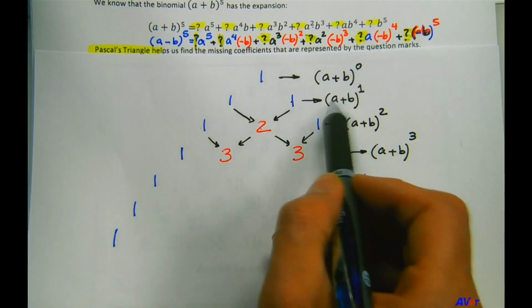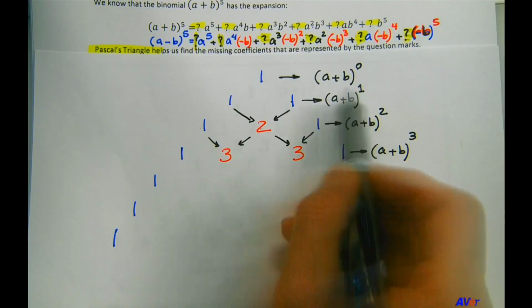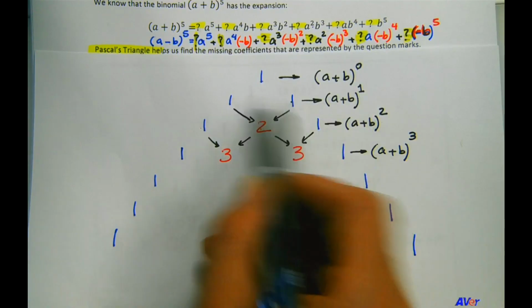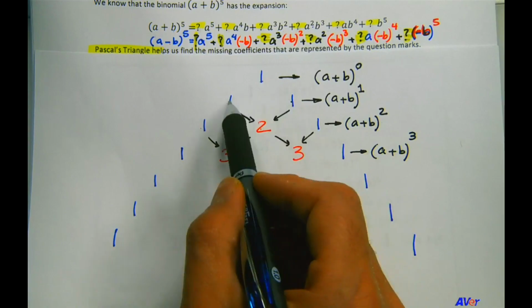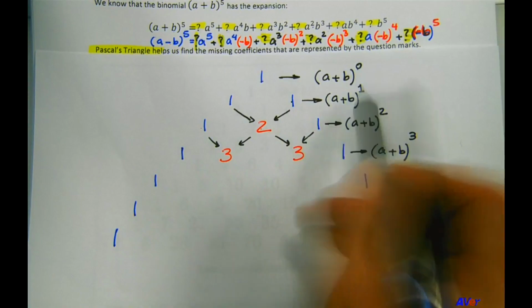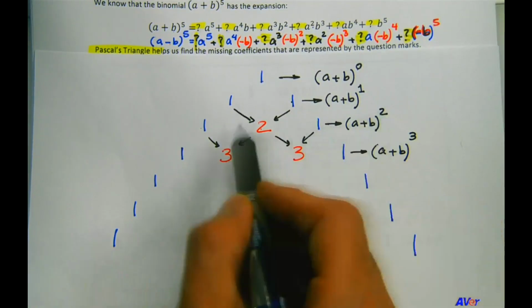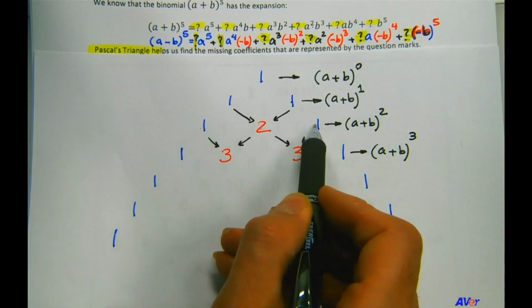If you have power 1, how many terms do you have? 2. Right? So you have 2 terms if the power is 1. If you have power 2, how many terms do you have? 1, 2, 3.